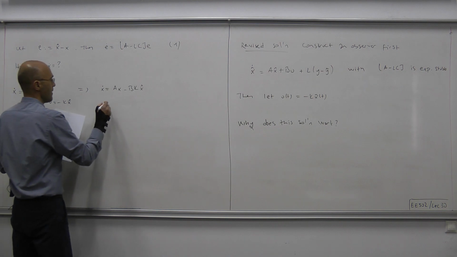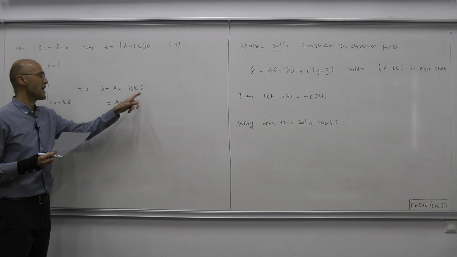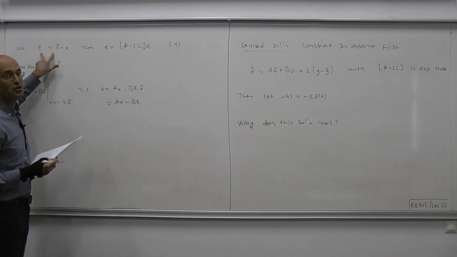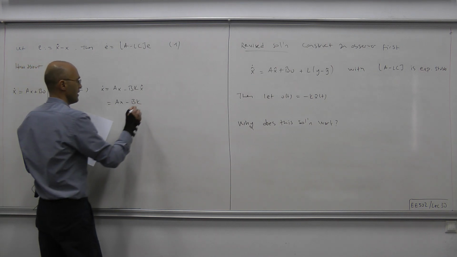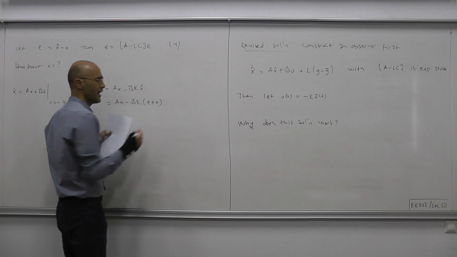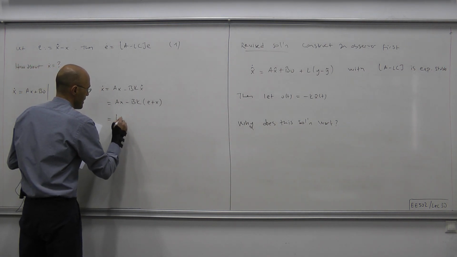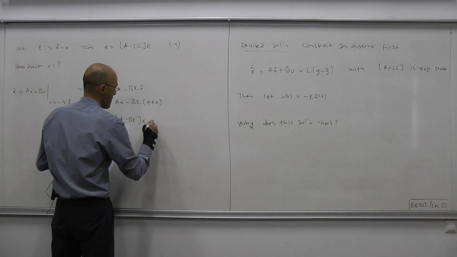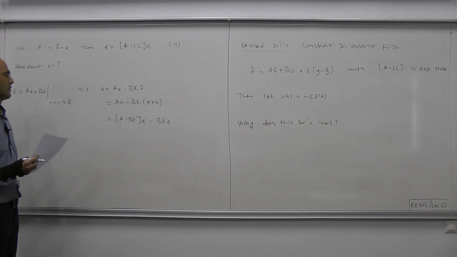Let's write x hat in terms of x and e, which we can because by definition e is the error, therefore x hat equals x plus e. And that reads A minus BK times x minus BK times the error signal.